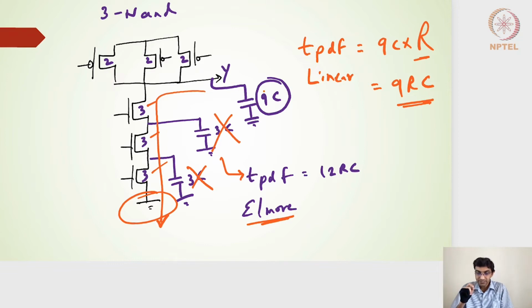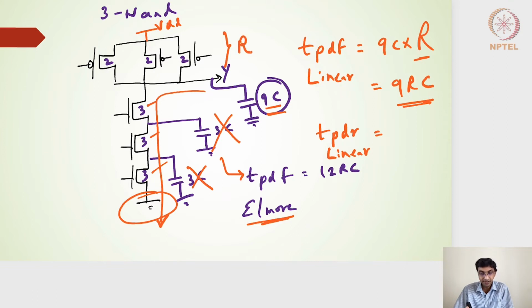The other advantage of this linear delay method is, if you consider the propagation delay falling, I get 9C into R, right? And if I consider the propagation delay rising using this linear delay model, it will be nothing but this particular capacitance 9C multiplied by R on the other side. So if I consider this as VDD, the switching resistance in the worst case condition is still R, considering one of the transistors will be on.